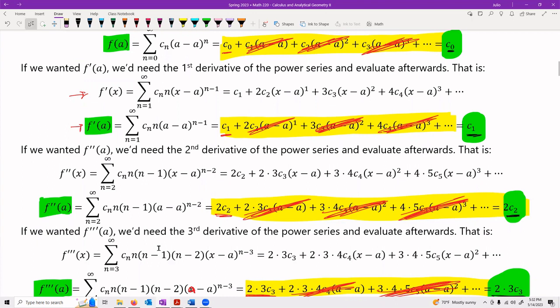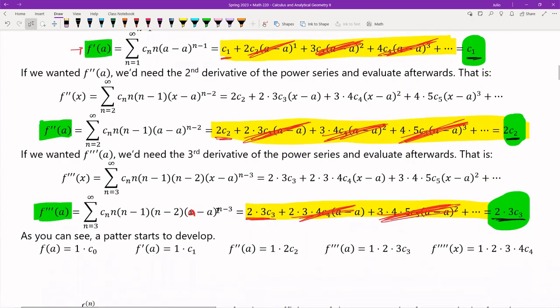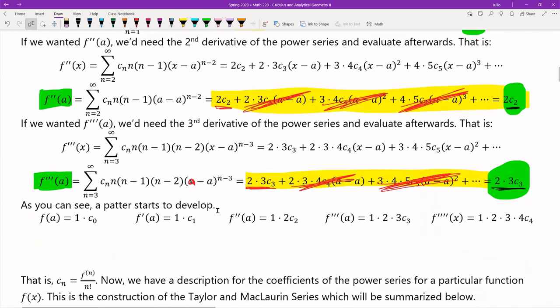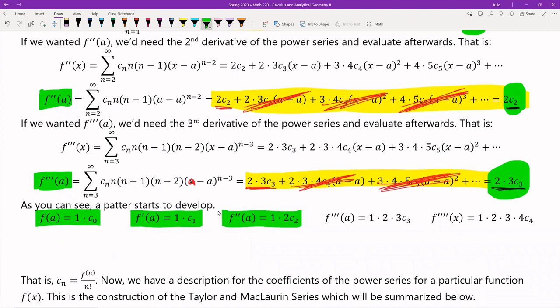We can keep going, but hopefully you guys see that what I've highlighted was each one of those equalities that we ended up finding.